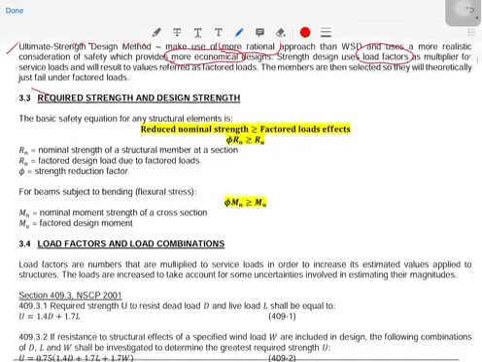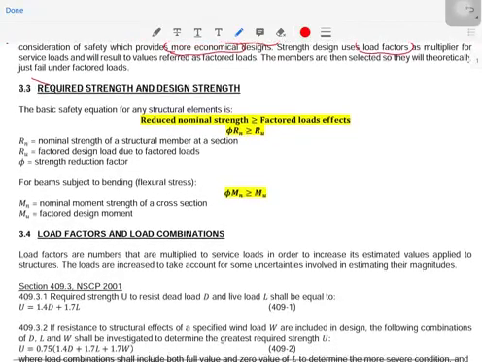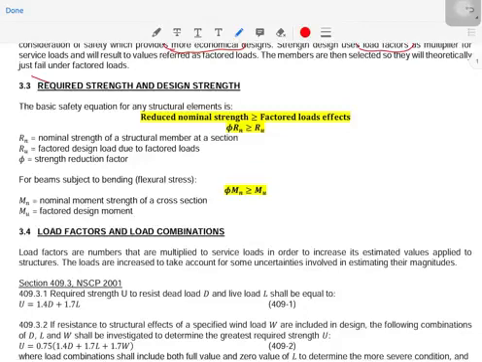So 3.3, required strength and design strength. The basic safety equation for a structural element is that the reduced nominal strength should be greater than or equal to the factored load effects. It is referred to as reduced nominal strength because you will be using a phi factor, the strength reduction factor.